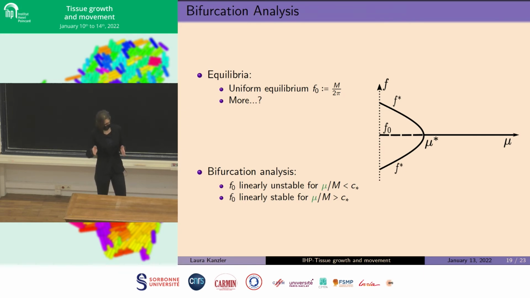The important thing is the fraction mu over m, but of course we did this bifurcation analysis with mu as the bifurcation parameter. If the diffusion is higher than this mu star, so strong enough, then the uniform equilibrium is stable. And if not, it becomes linearly unstable.